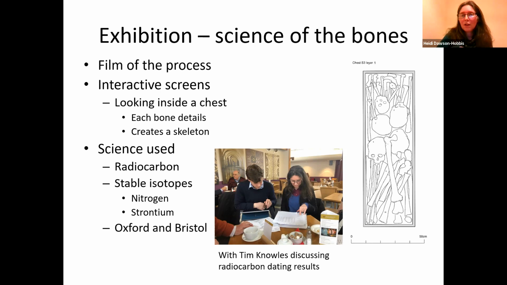So as well as the morphological assessment that I do, there have been various scientific techniques undertaken to try and, first of all, determine: are these remains actually what they say they are, or could they be later additions? So we did some radiocarbon dating, with Oxford University and University of Bristol as well, did some sampling and radiocarbon dating.